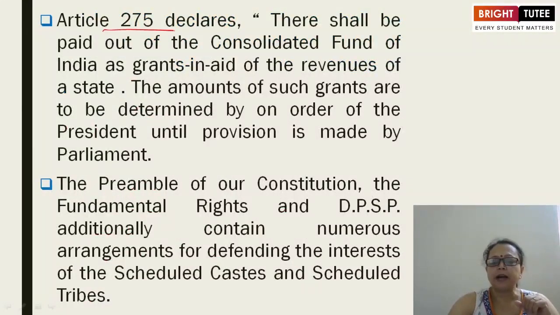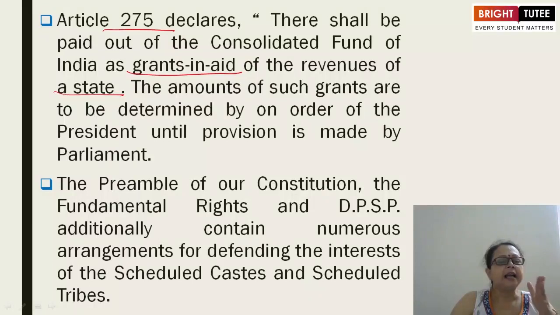Article 275 also declares that there shall be paid out of the Consolidated Fund of India, as grants-in-aid of the revenues of a state, certain sums. Not only are there constitutional provisions, but special rights have also been mentioned to uplift their condition. Here we are talking about the grants, the money.